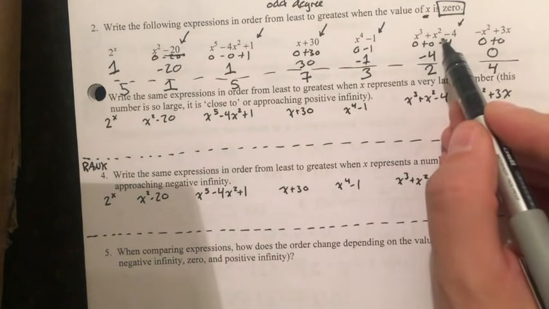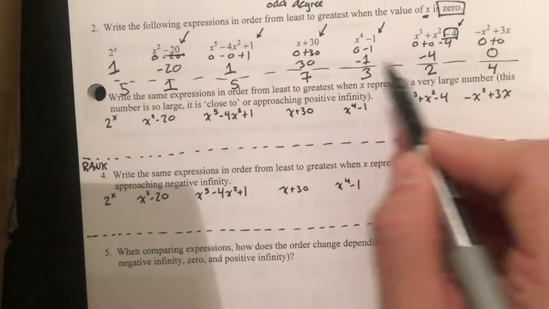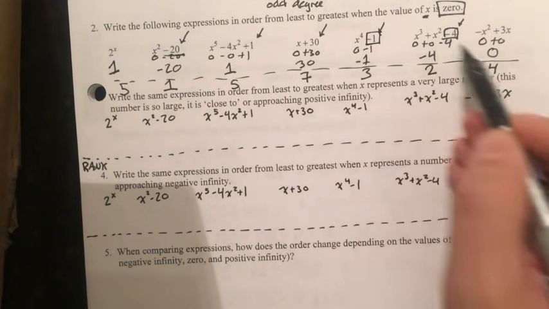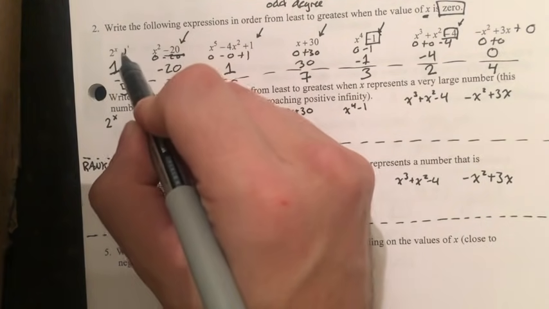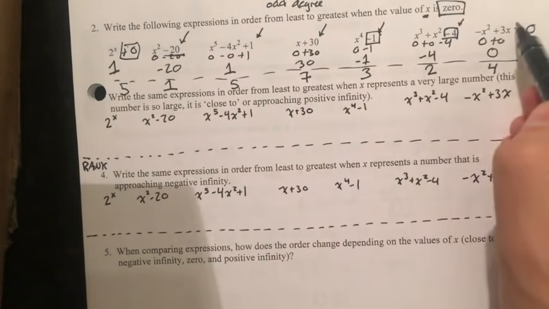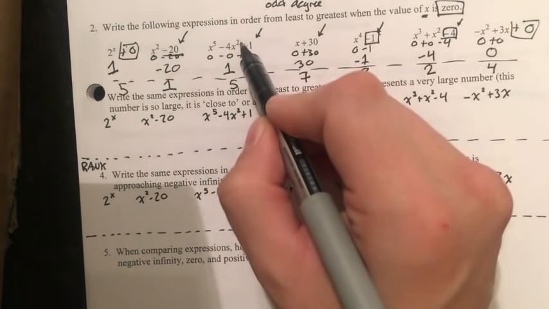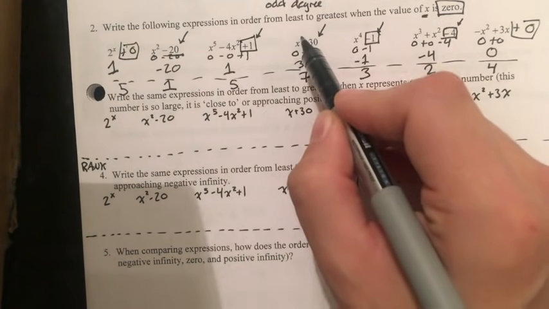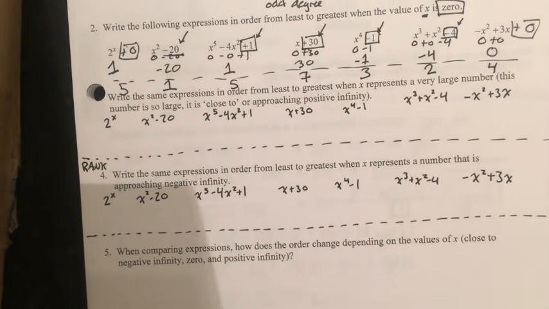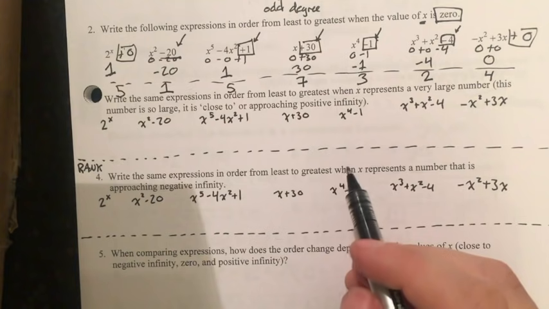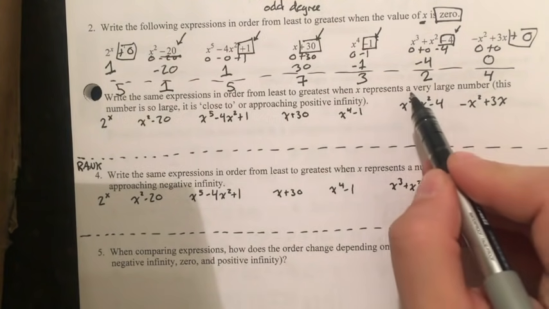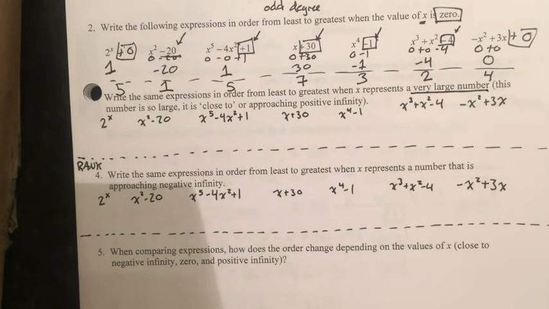Second was negative 4. The next was negative 1. And you'll notice the trend actually continues. Whatever the constant was determined how big the overall function was. Huge impact. So let's see what happens as we go to positive infinity, a very large number.